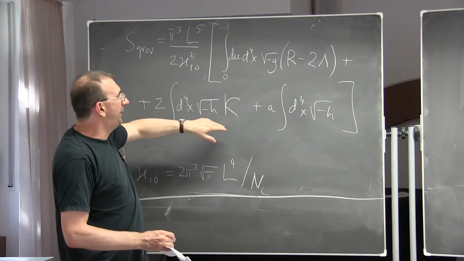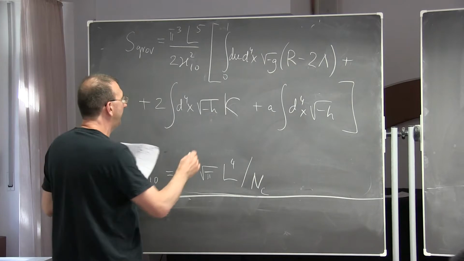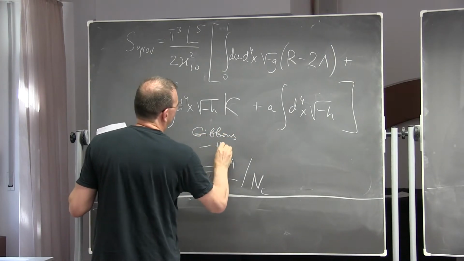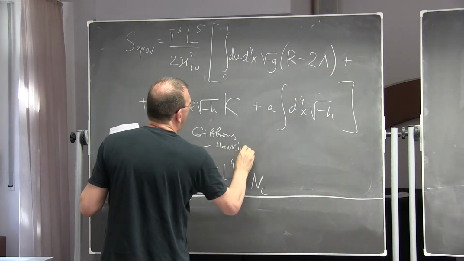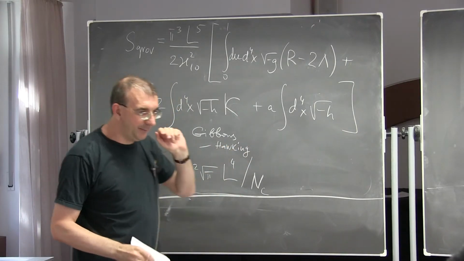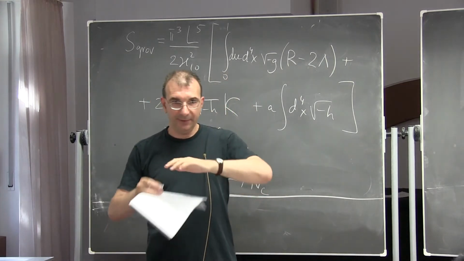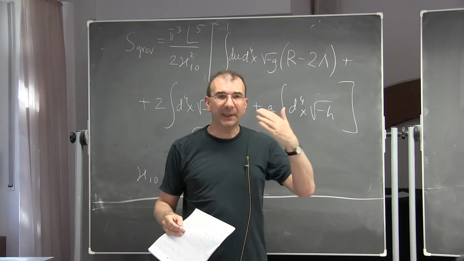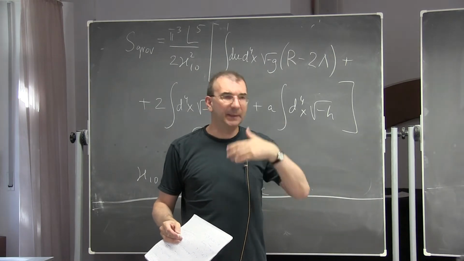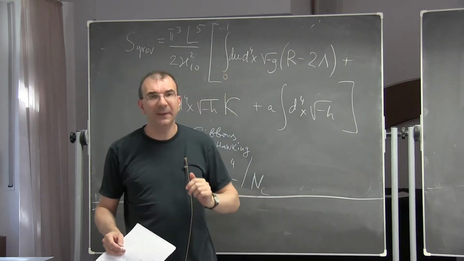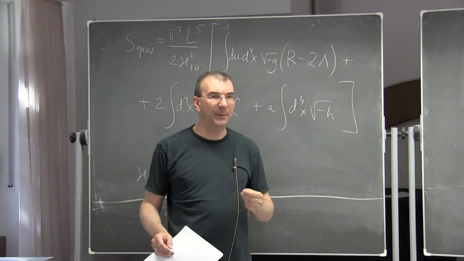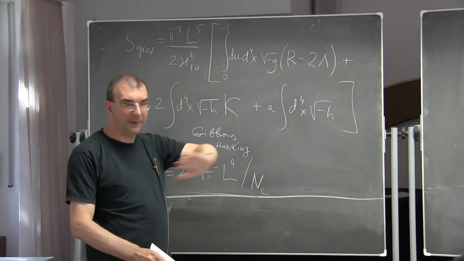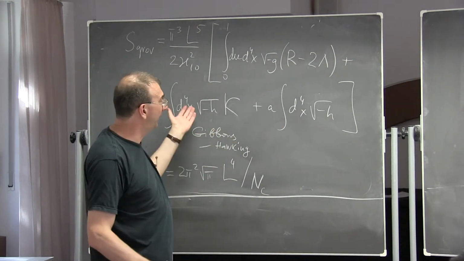Now, terms which are maybe less familiar to you: this is just the Einstein-Hilbert term in this AdS-Schwarzschild background. But there are other terms. This term is called the Gibbons-Hawking term. A Gibbons-Hawking term is necessary to introduce whenever you have a gravitational theory on a manifold with a boundary. I will not again explain why, but you may explore this subject. It is necessary for the variational problem to be well posed. So there is some boundary term whenever you have a boundary, and we have a boundary of AdS, so we must include it.